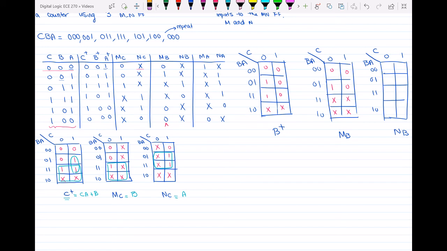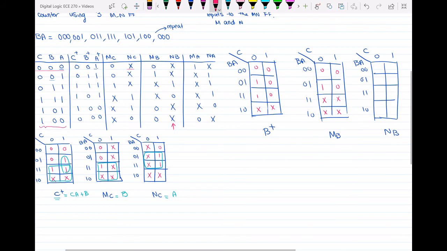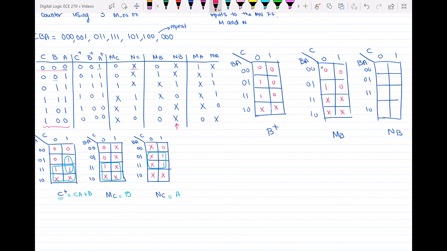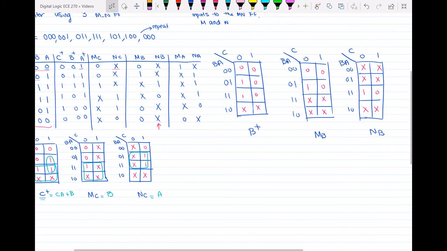Okay, now for NB, I have to look at this column over here. So for 0, 0, 0, we have x. For 0, 0, 1, we have, again, x, 1, x, x, 0, x, and x. Okay, so we filled in the Karnaugh maps for flip-flop B.